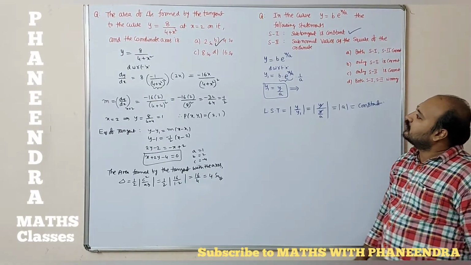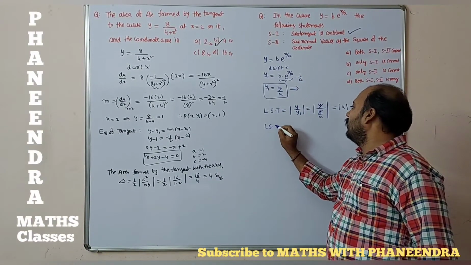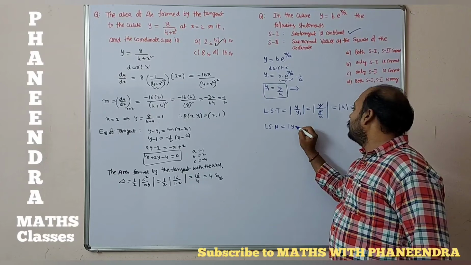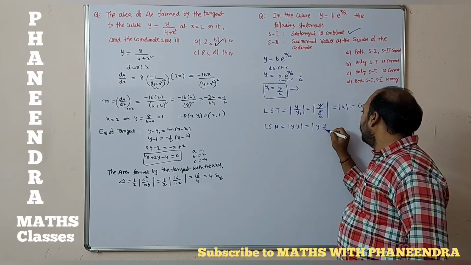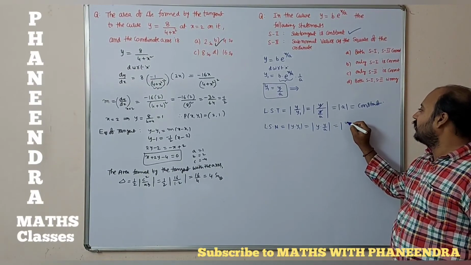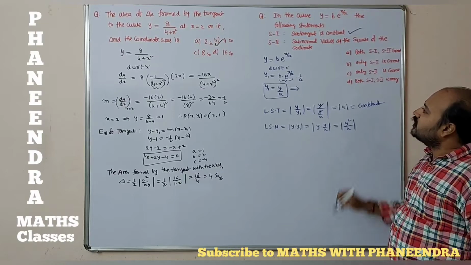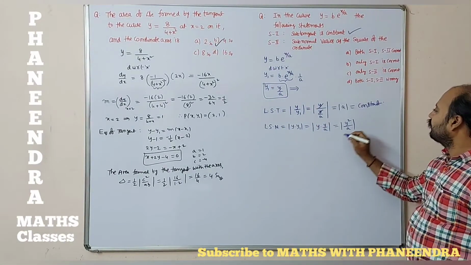S1 is right. Second, subnormal. Length of subnormal, LSN, is equal to y into y1. So y is y only. The y1 value is y by a. So this is equal to y square by a. What is y square? This value.